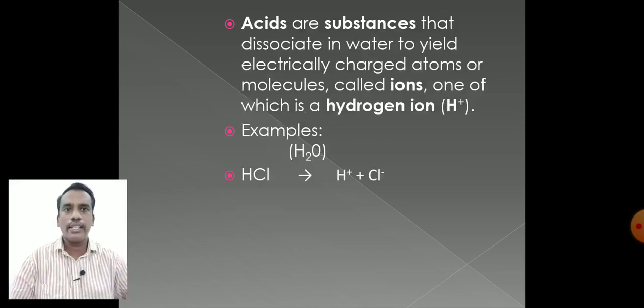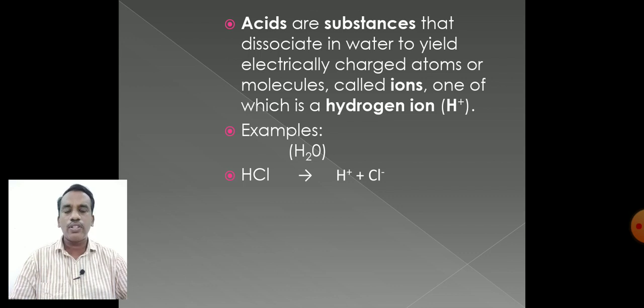According to the Arrhenius theory, acids are substances that dissociate in water to yield H plus ions. We already learned in grade 9 that atoms having a charge, maybe a positive charge or negative charge, are called charged ions.